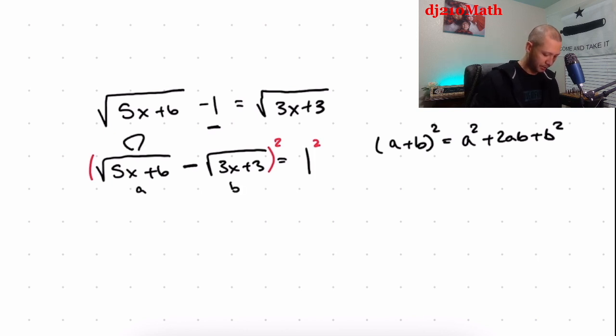So a squared is going to be a times a, basically. So when you multiply square roots and the radicands are the same, the radical goes away and you're left with just the inside part. So 5x plus 6. All right. We'll do b squared next. B times b. So negative times negative is a positive.